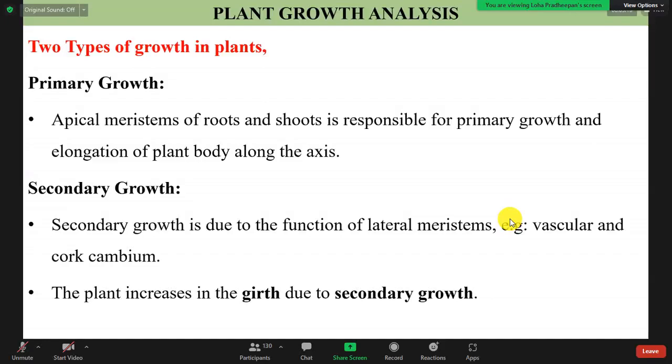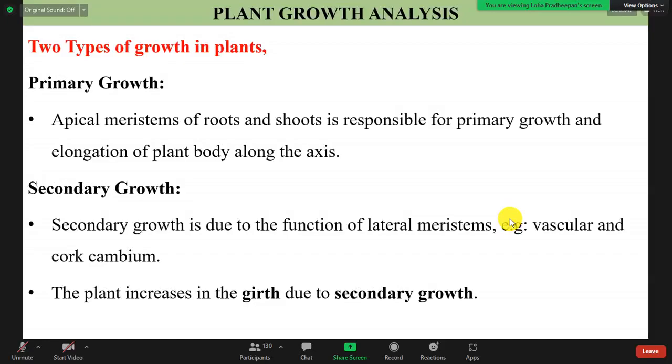That is the lengthwise increase. Due to meristematic divisions and enlargement of the roots and shoots, primary growth happens along the axis of the plant body.